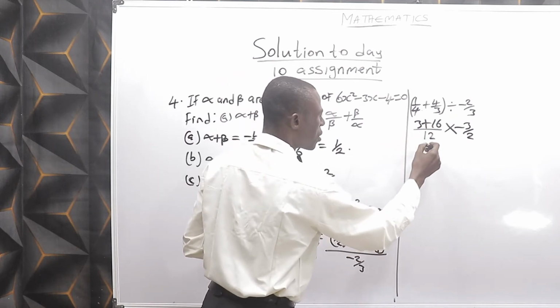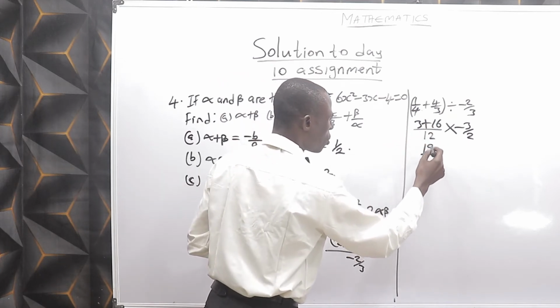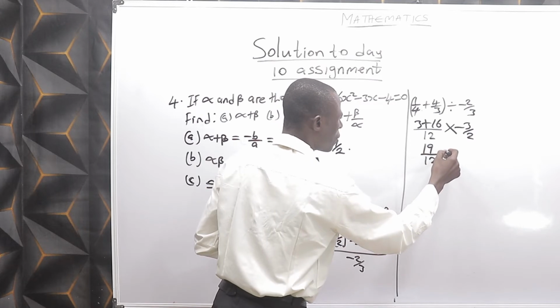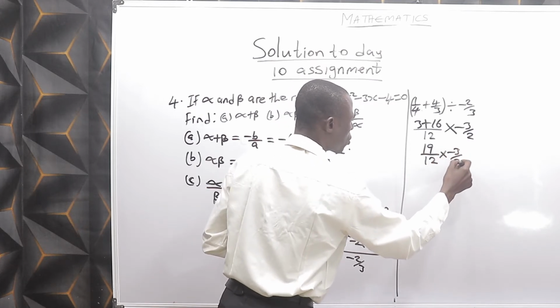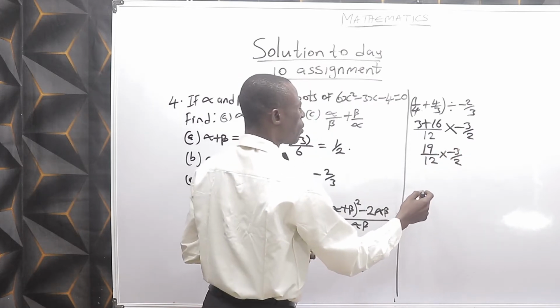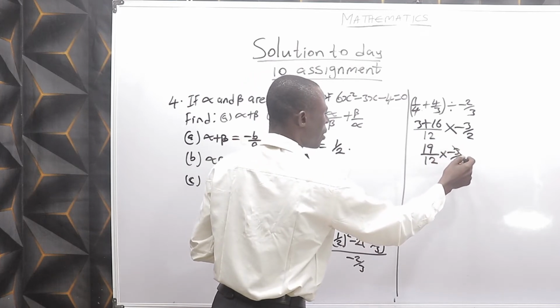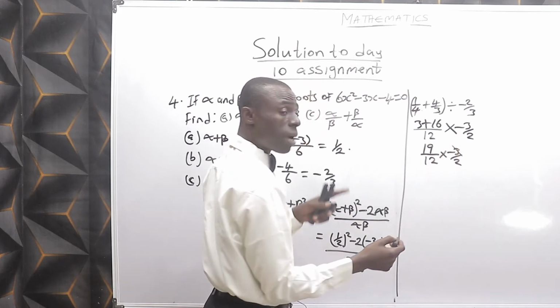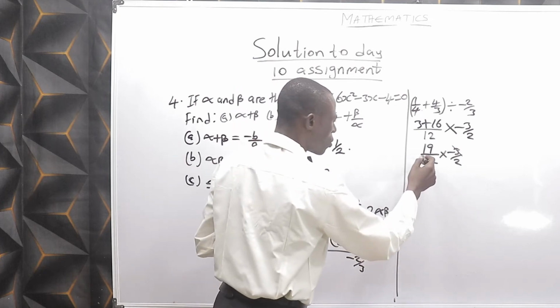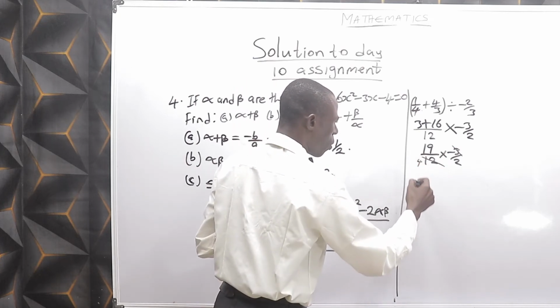3 plus 16 is 19. So 19 over 12 times minus 3 over 2. 3 in minus 3 gives minus 1. 3 in 12 gives 4.